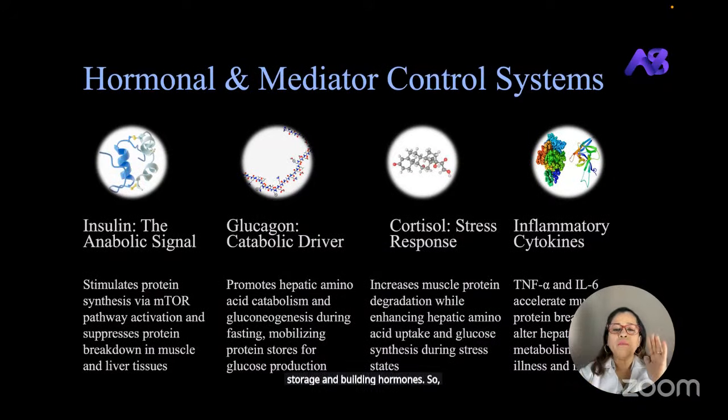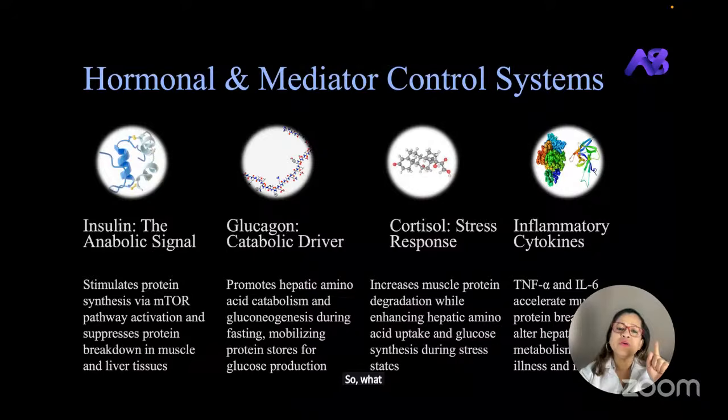Basically, in carbohydrate metabolism, it increases the glucose uptake of muscle and adipose tissue via the GLUT4. Now, this is important to remember. Increase in glucose uptake happens via the GLUT4 and stimulates glycogen synthesis in the liver and muscles.